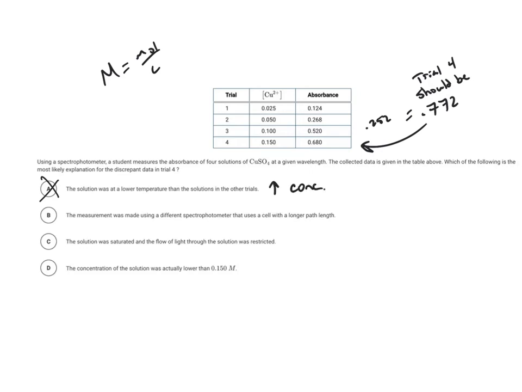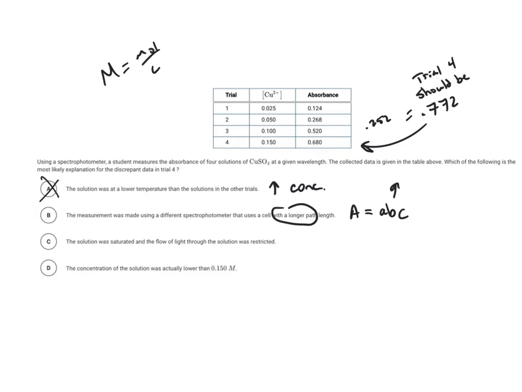Now option B says the measurement was made using a different spectrophotometer that uses a cell with a longer path length. Now remember, Beer's law is A equals ABC. And as concentration goes up, absorbance goes up as long as A and B are held constant. Now, a longer path length would mean that B, in fact, would be bigger than it is.